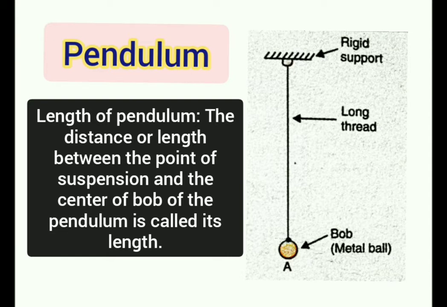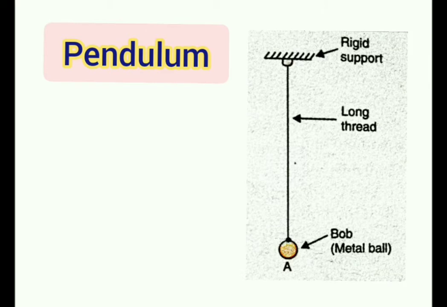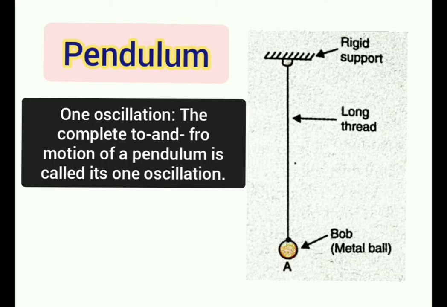Second, how can we define one oscillation of the pendulum? The complete to and fro motion of a pendulum bob is called an oscillation.